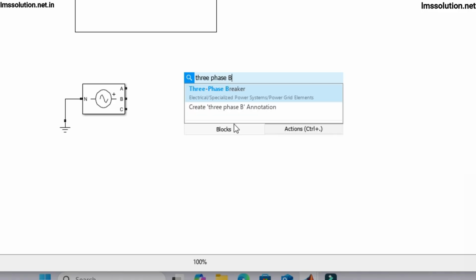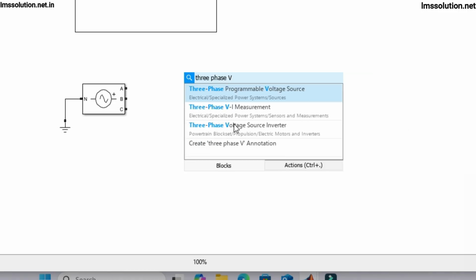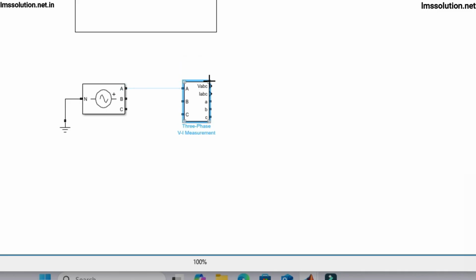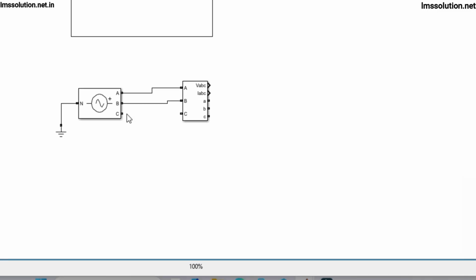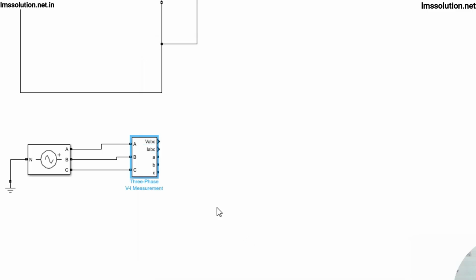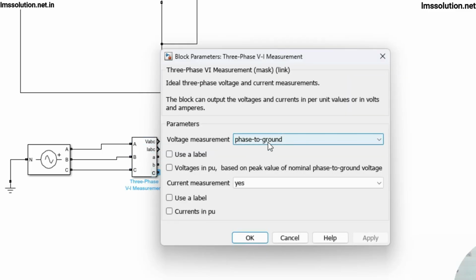Three-phase V... yeah, here is a three-phase VI measurement. Use that one. Now we connect this to A, B, C. Okay, and here the voltage measurement will be phase to ground, and you check this one for current measurement also. So you check whether it is phase to phase or phase to ground. Okay, that is important.